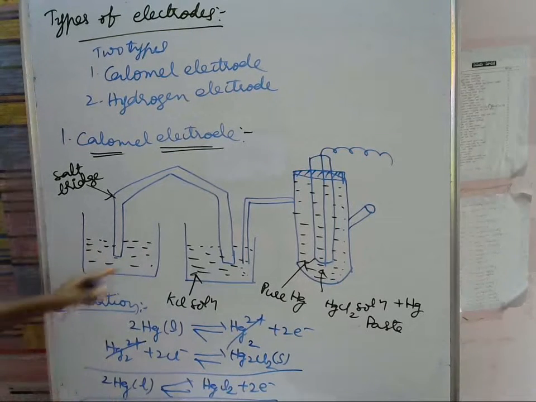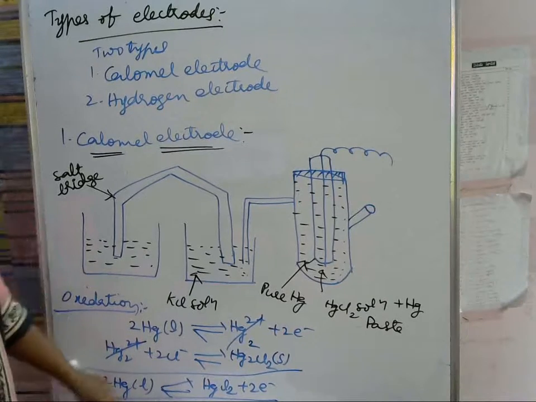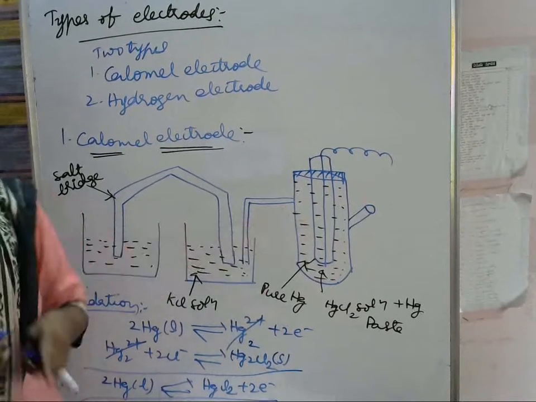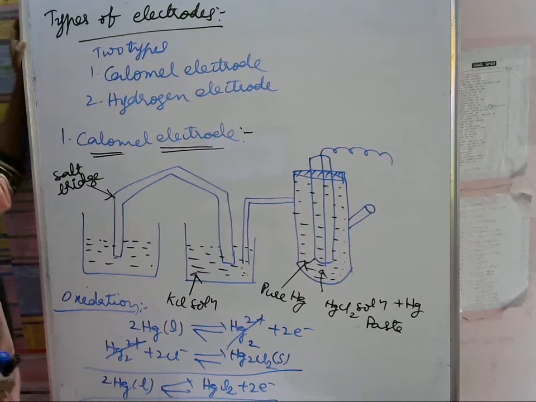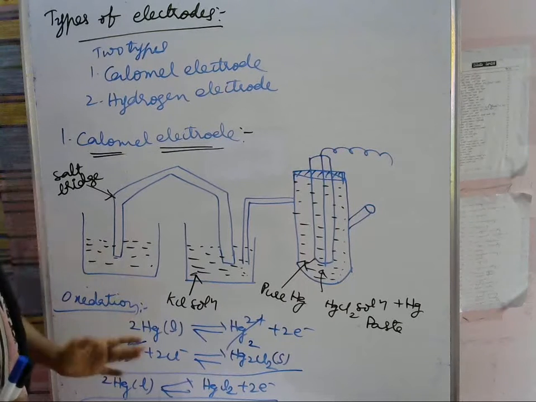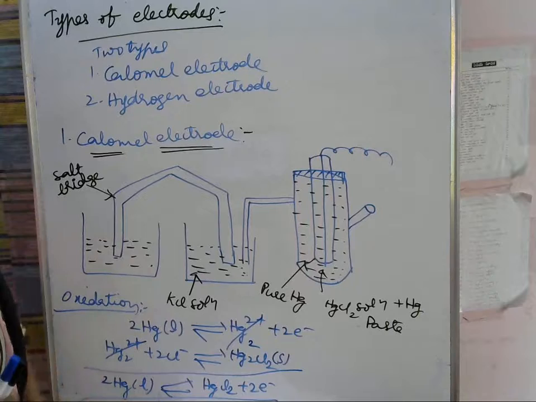So this is the oxidation that occurs at this bulb, the mercury electrode, which is the calomel electrode. Okay, this is the oxidation process. Let's see the reduction process.